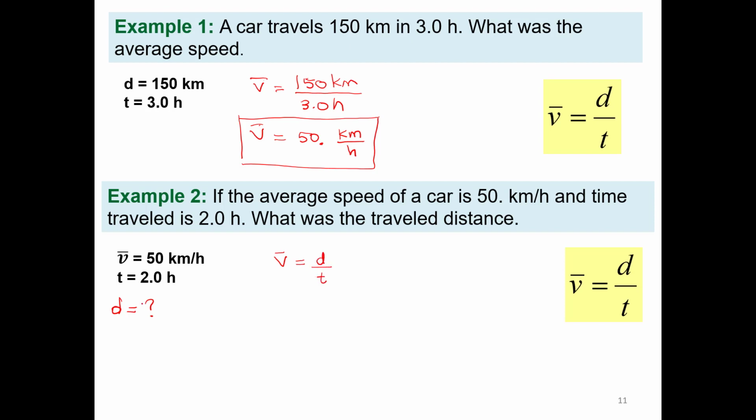Because we want to solve for the distance, we need to get the distance d by itself. Then we multiply by time on both sides. It cancels out. Now the distance equals the average speed times the time.